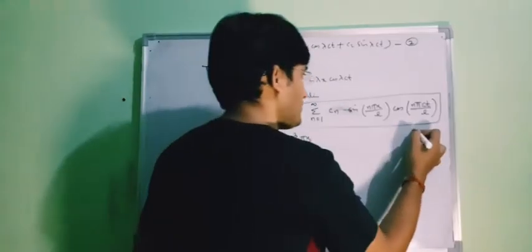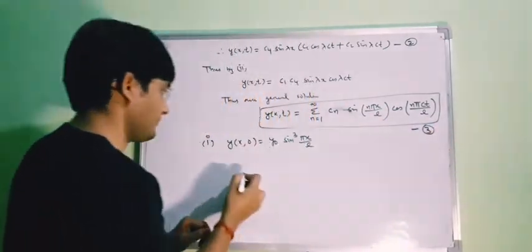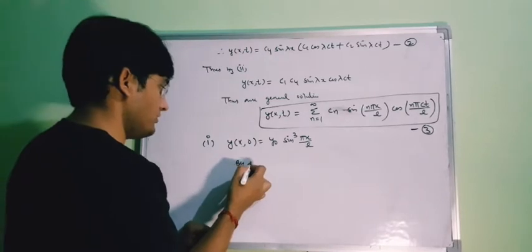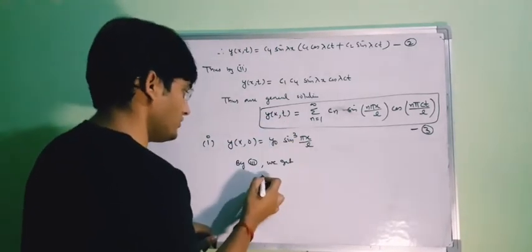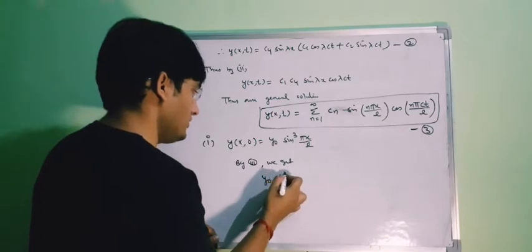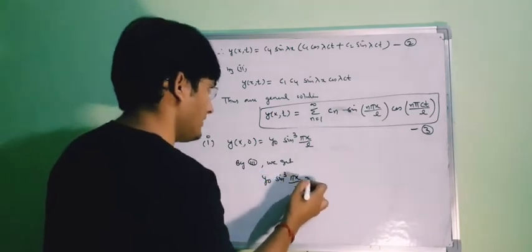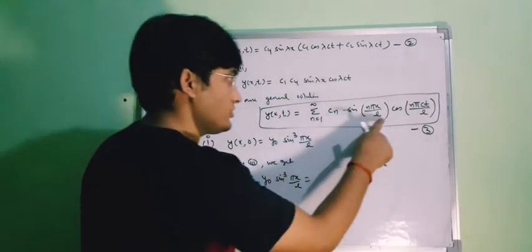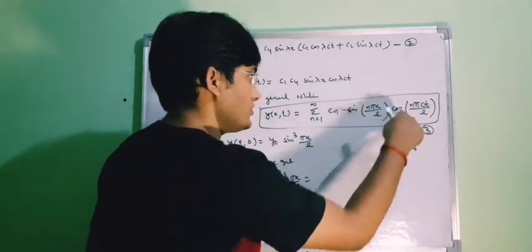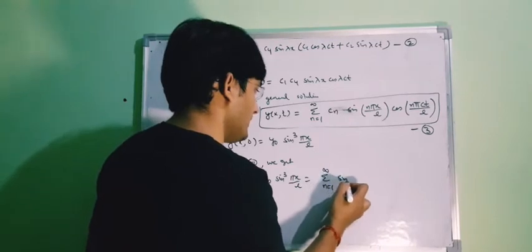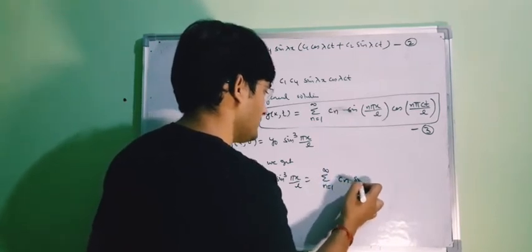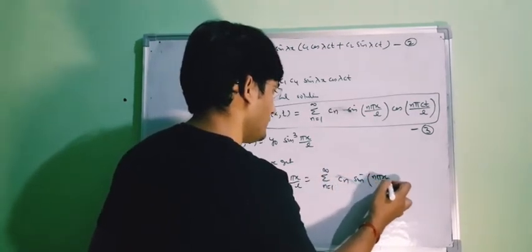So by equation number 3, this y(x,0) is y0 sin cube(pi x upon L), and in the right hand side if we put t equal to 0, then this will be cos 0 and cos 0 is 1, so we will get summation n equal to 1 to infinity Cn sin(n pi x upon L).